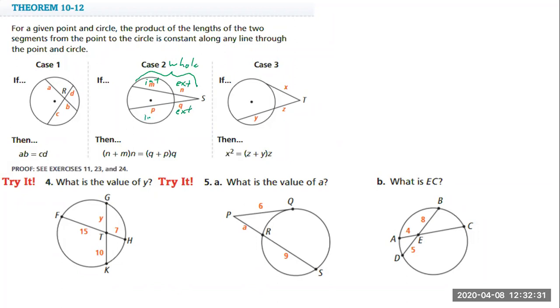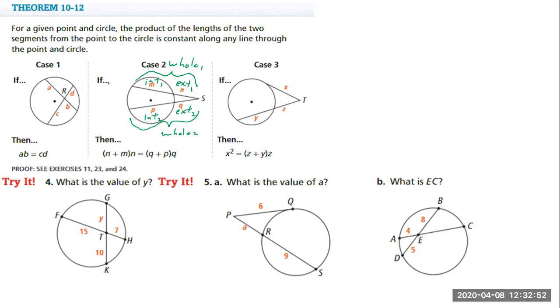This is the interior. And then we have the whole. And since we have two different lines here, we have two different exteriors, because these do not have to be the same length. So this will be exterior 1, interior 1, and whole 1. This will be exterior 2, interior 2, and whole 2.